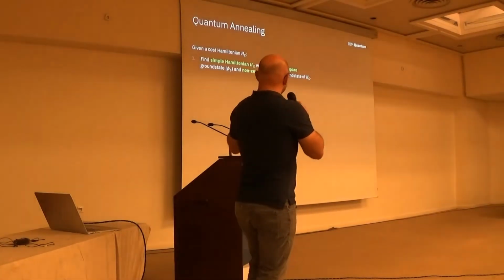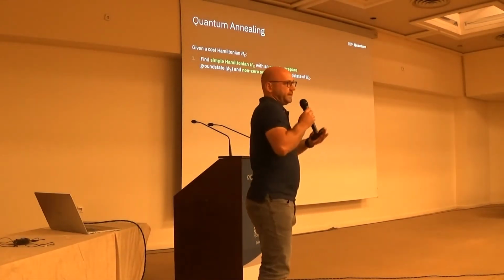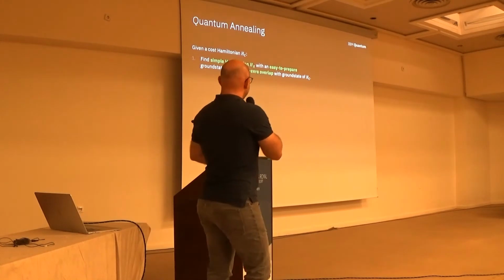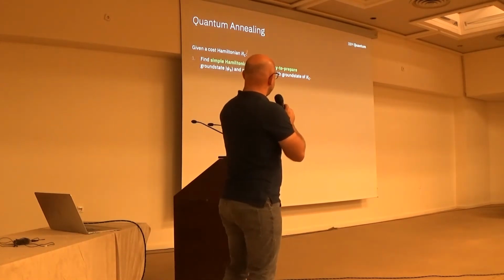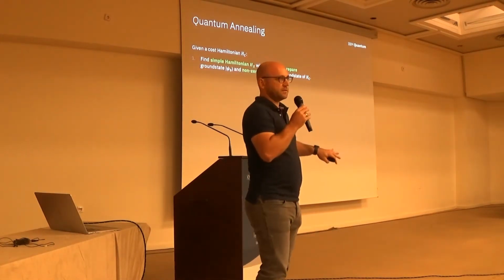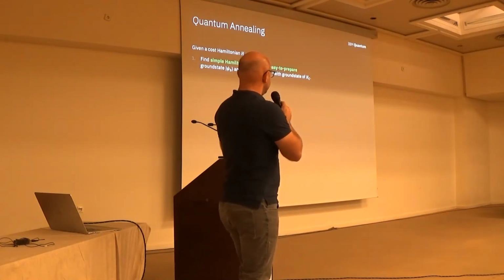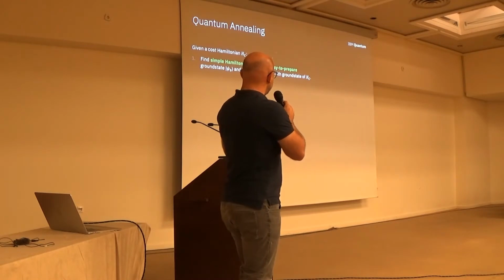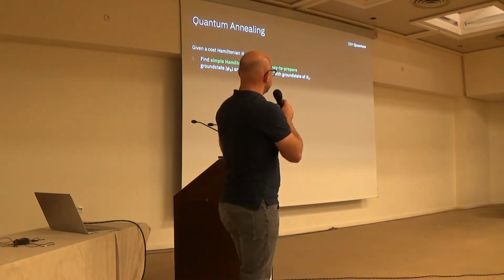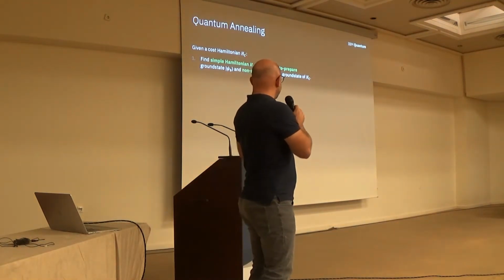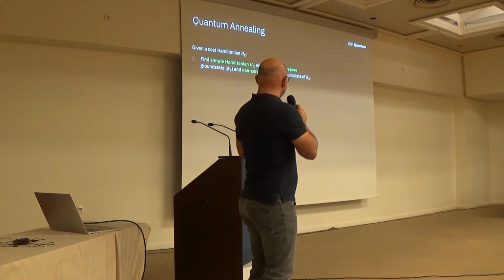So this gives rise to quantum annealing, and what we usually do is, if we have a cost Hamiltonian, which is what we constructed for our problem, we find a simple Hamiltonian with an easy to prepare ground state, and this ground state should have a non-zero overlap with the ground state of our cost Hamiltonian, so with our problem. I'll give an example in a second.